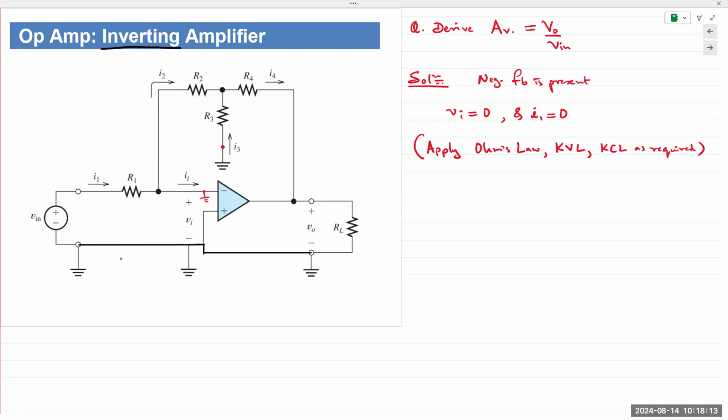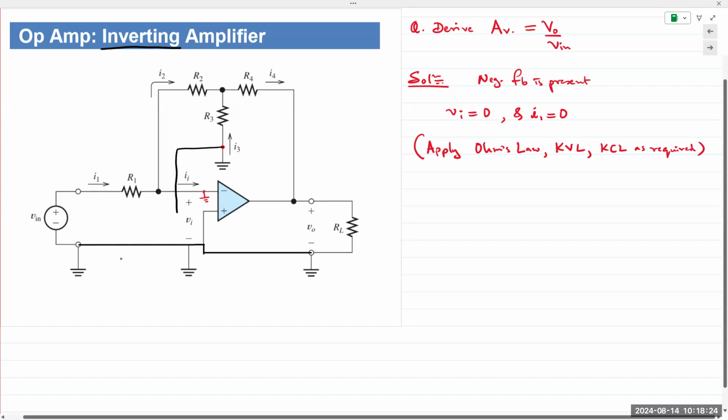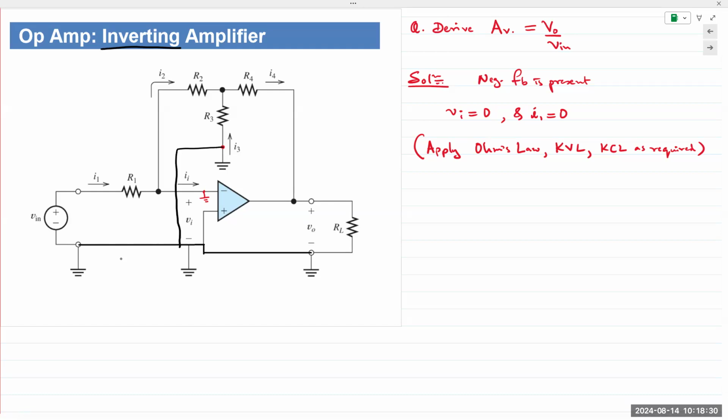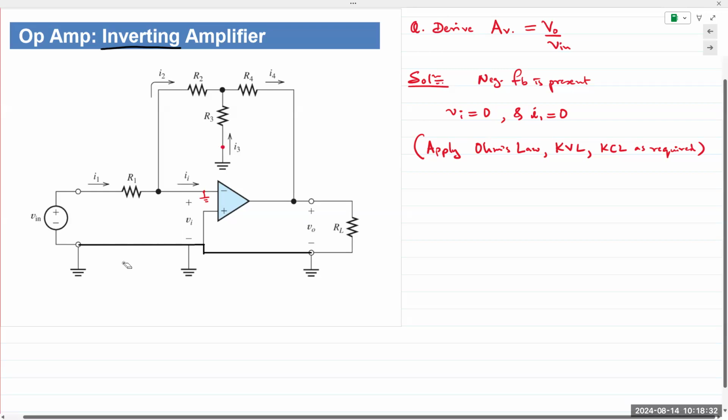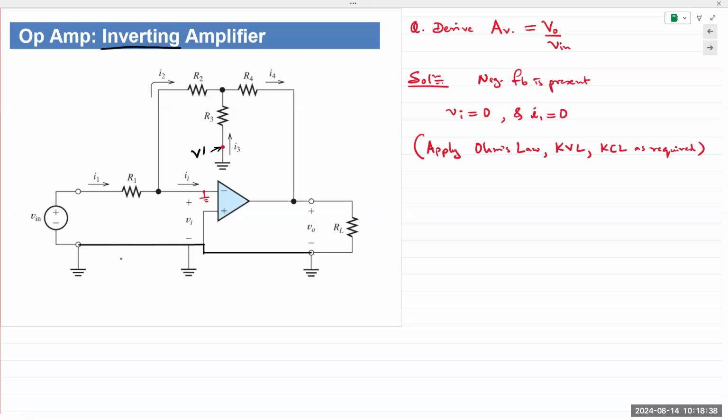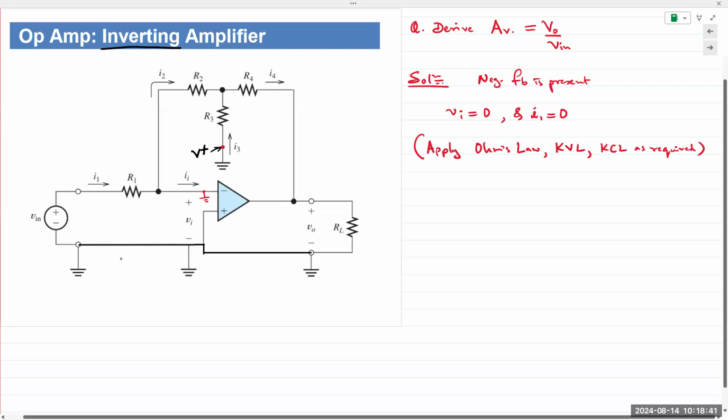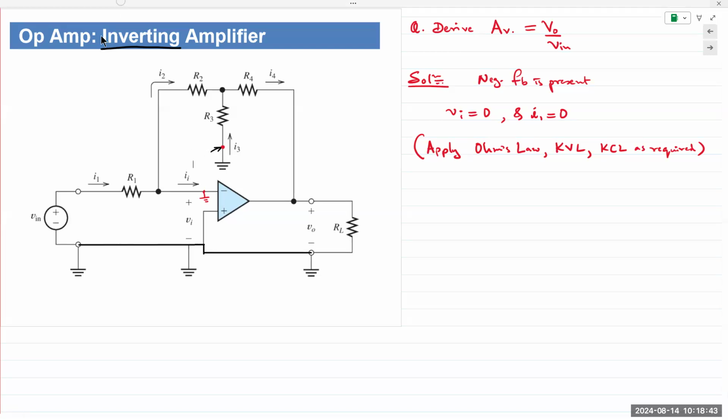I flip this, but I just want to draw it out differently in the sense that if R3 is connected to ground, then this point is connected to this point, which is basically your non-inverting terminal. So R3 is also connected to V plus, the non-inverting terminal. Let me change color here. Also connected to RL, the negative end of RL.